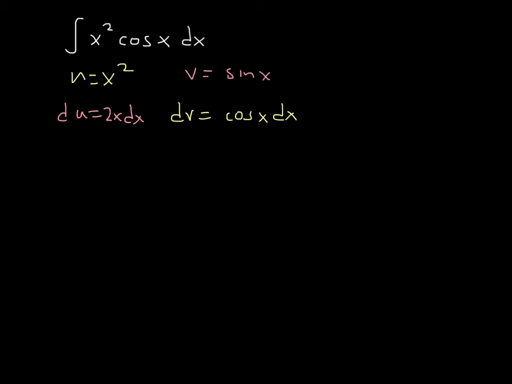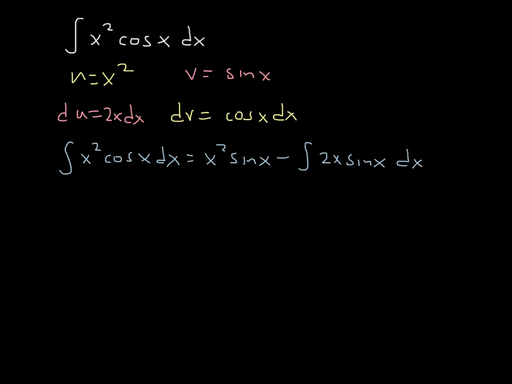And so with that, I can now say that the integral, using integration by parts, of x squared cosine x dx is going to equal u times v, so x squared sine x, minus the integral of v du, which is going to be 2x sine x dx.